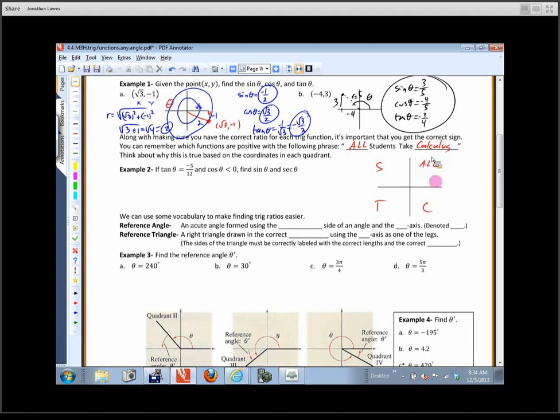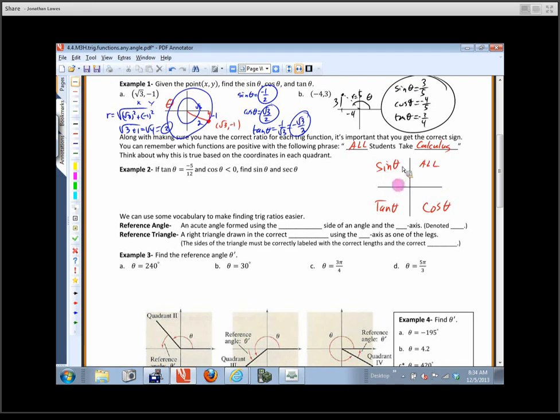So they're all positive right here. The S in student stands for the sine would be positive here, the tangent would be positive here, and the cosine would be positive right here. So they're all positive in quadrant 1 because we're dealing with all positive coordinates.